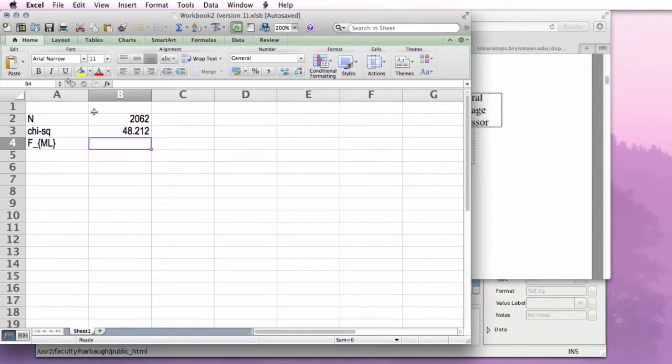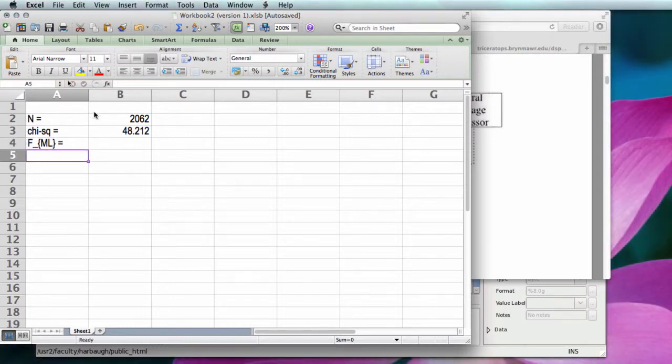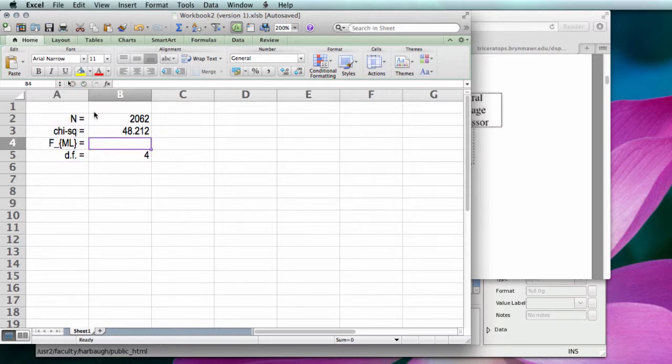All right, so this was that divided by the sample size minus 1.